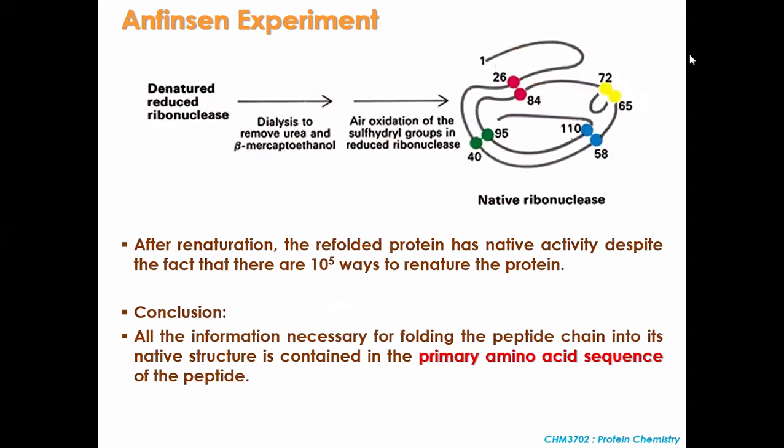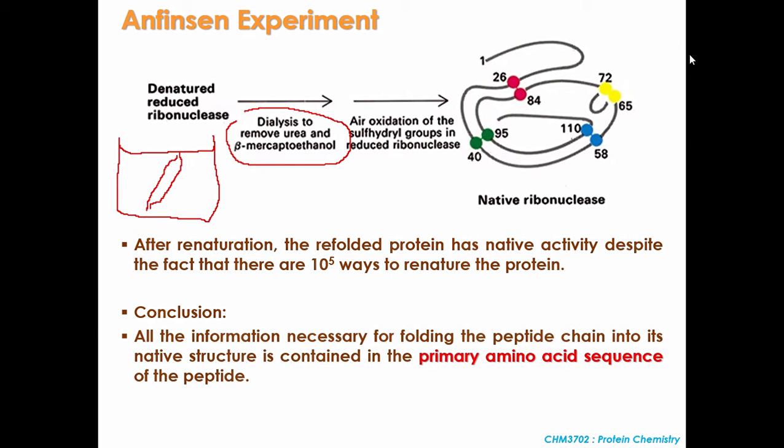And then what he did was he slowly removed the urea and beta mercaptoethanol by dialysis. You know dialysis, right? Dialysis is where you put the solution in water, and you put the protein inside the tube, the dialysis tube.